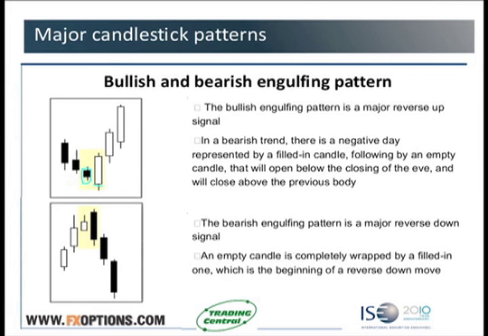The open is below the close of the first body, and the close of the second body is above the previous body. So bullish engulfing means that the opening and the closing price of this candle wrap the first body. That's why we can say that we have a bullish engulfing pattern.